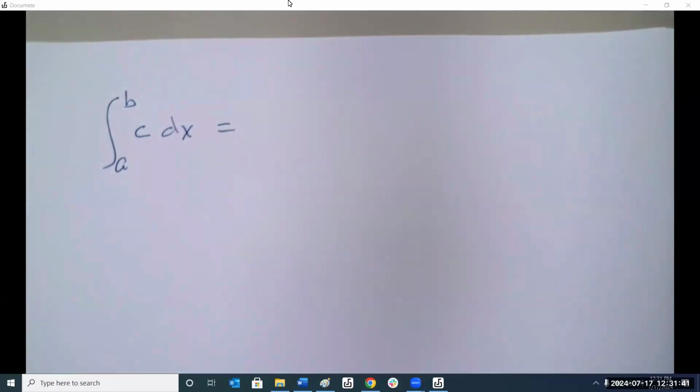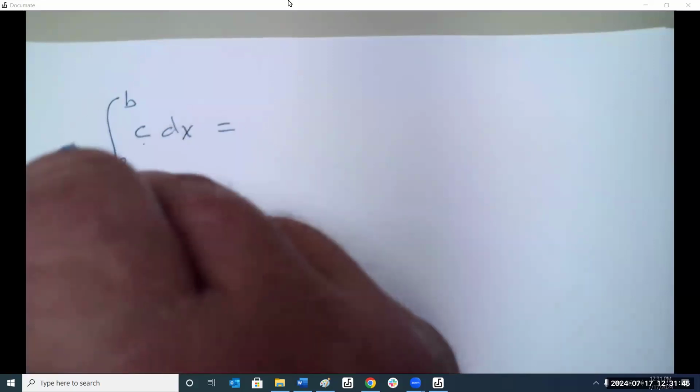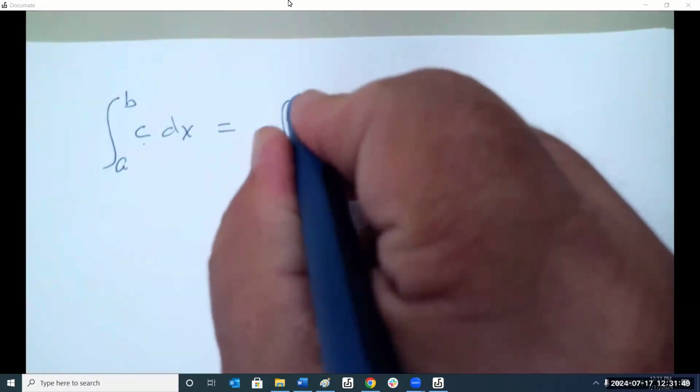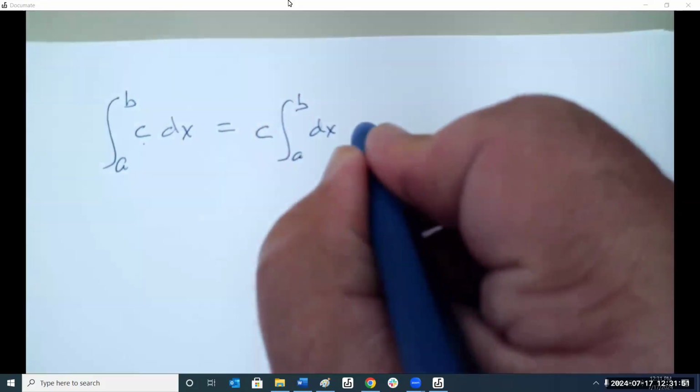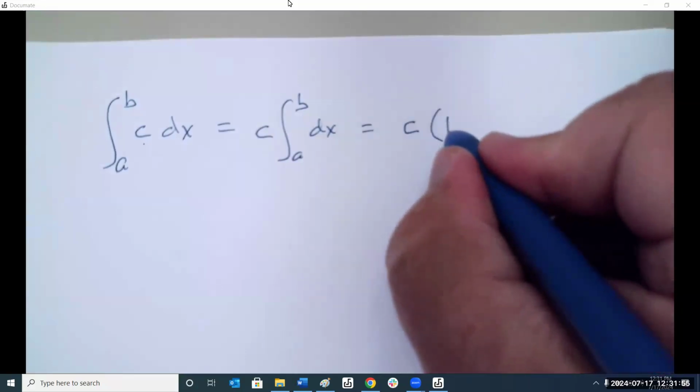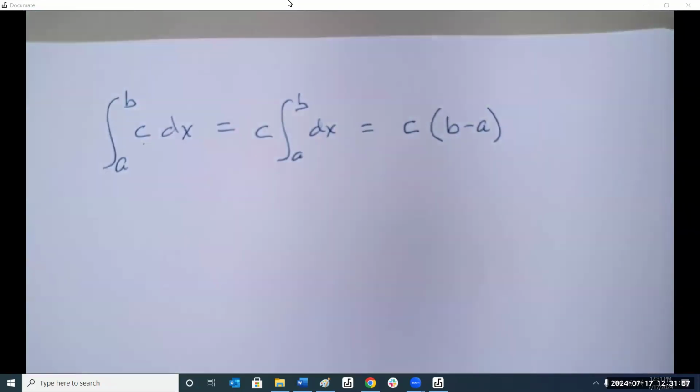Also, if we have a constant function, that constant goes out in front, and then it simply becomes b minus a.